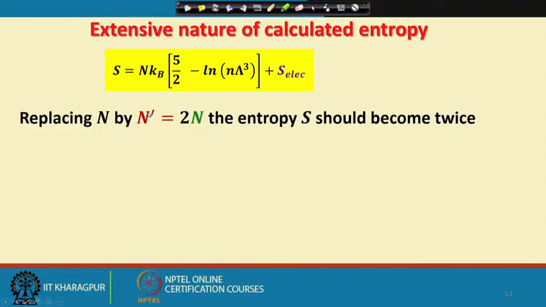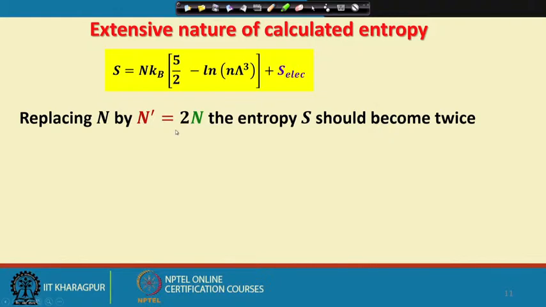Now, we are going to test if the expression that we have obtained for entropy in terms of the Sackur-Tetrode equation correctly tells me that if I replace N by N', such that N' is equal to 2N, if I have done everything correctly, then if the Sackur-Tetrode equation is correct, the entropy should become twice its original value.